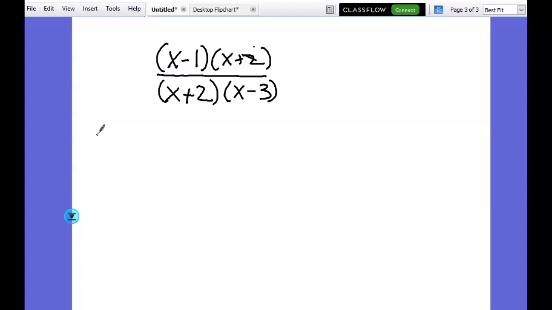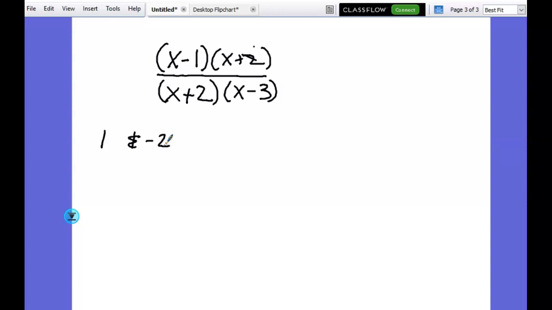What would make the top equal 0? 1 and -2, right? So then those are both potentially x-intercepts, right?